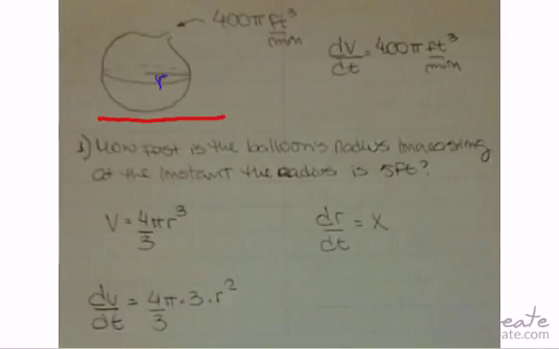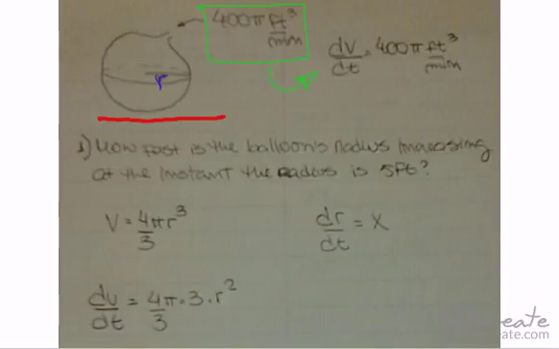We also have the one piece of information the question gives us, 400 pi feet cubed per minute. I'm using this as the derivative of the volume with respect to time, dV/dt, which equals 400 pi feet cubed per minute.